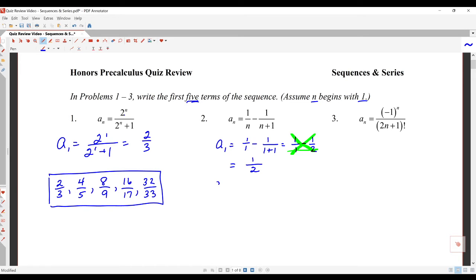Our second term, this is a little bit tougher to do mentally. So plug in 2 for each of those. I get 1/2 minus 1, 2 plus 1 is 3. And then we'll go cross, cross, cross. So cross gives me 3 minus 2 is 1 over 6.